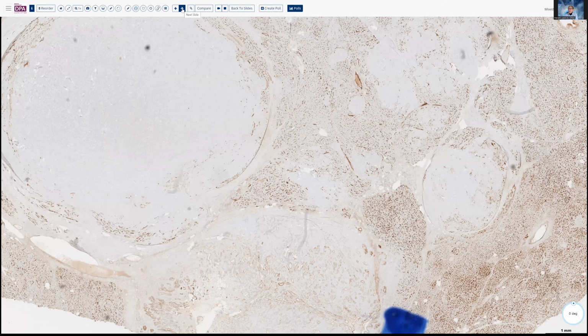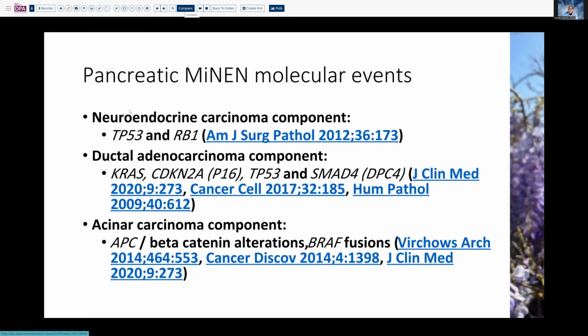So just a couple of things about neuroendocrine events. If you consult PathOutlines, as I did here, you'll see that TP53 and RB1 will be mutated in the neuroendocrine component, as we've just mentioned. Ductal carcinomas, of course, have the complement of KRAS, CDKN2A, and SMAD4 alterations.